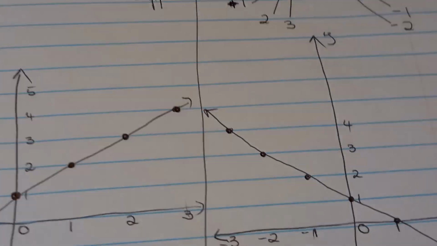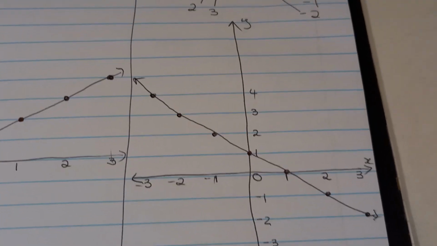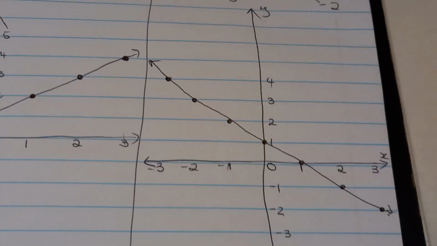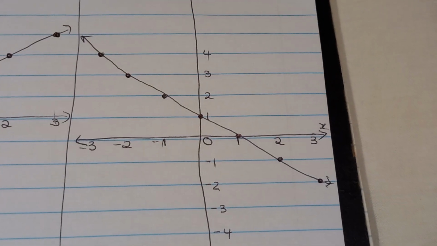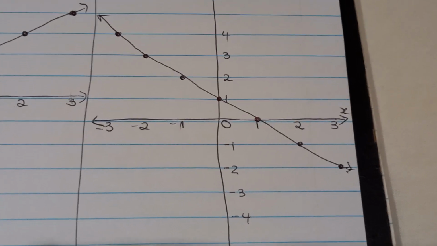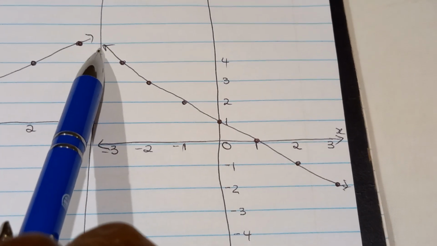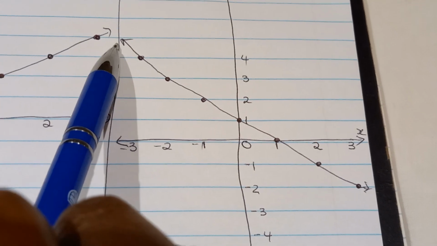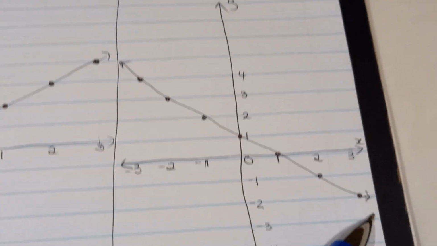Like I said, because the graph, the gradient is negative, our graph, which is a straight line graph, goes from our left hand side to our right hand side.